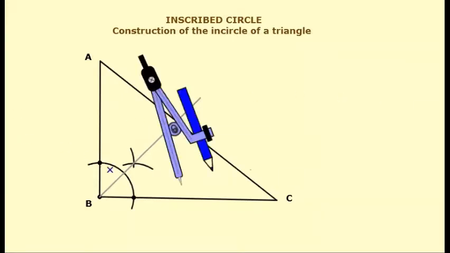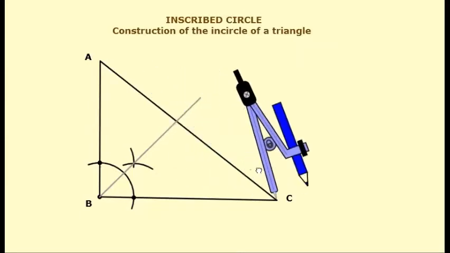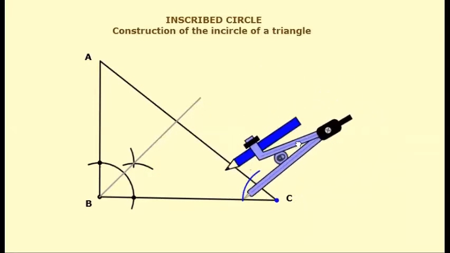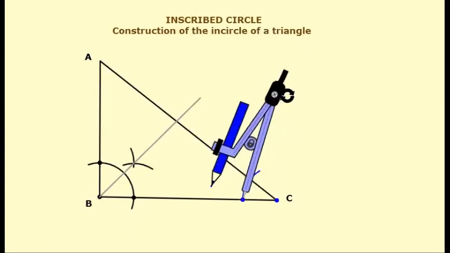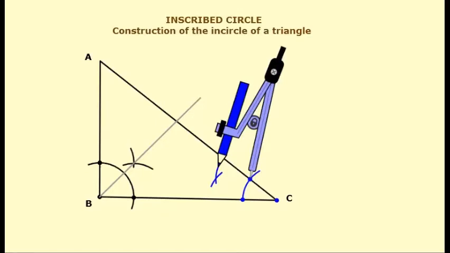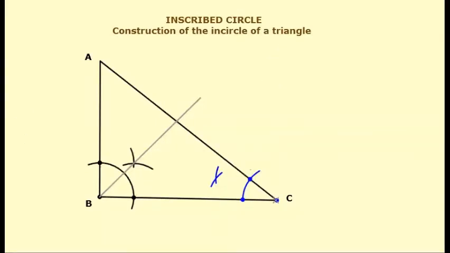Let's see how to draw the angle bisector for angle C. You can always use the ruler to join this point, and you have to extend these angle bisectors until they intersect each other.